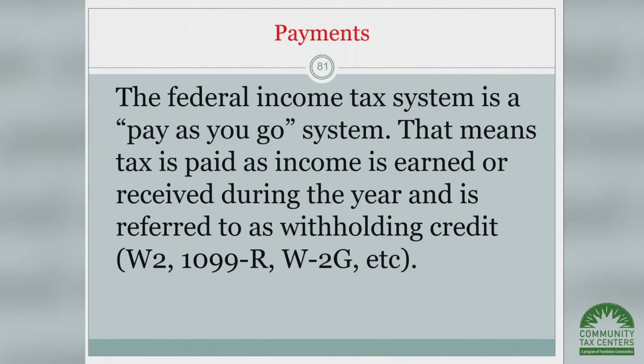All right, so payments. The federal income tax system is a pay-as-you-go system. That means that tax is paid as income is earned or received during the year and is referred to as the withholdings credits. W-2s, 1099s, W-2Gs. Typically, we'll do this on a pay-as-you-go method.